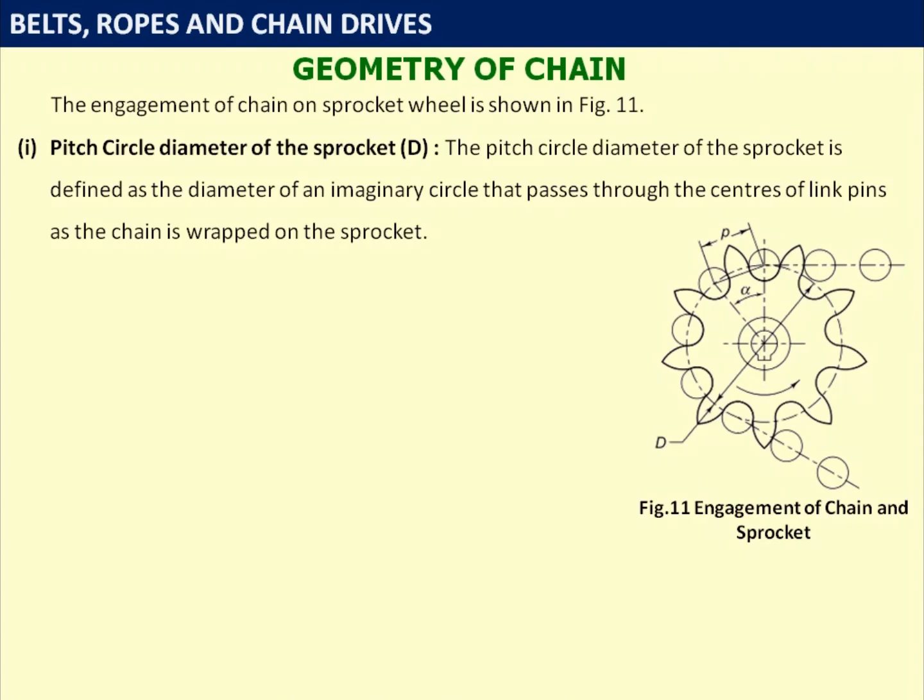The first definition is pitch circle diameter of the sprocket, which is denoted by small d or capital D. Small d is for the smaller sprocket, capital D is for the bigger sprocket. The pitch circle diameter of the sprocket is defined as the diameter of an imaginary circle that passes through the centers of link pins as the chain is wrapped on the sprocket. So in the figure it is shown by capital D.